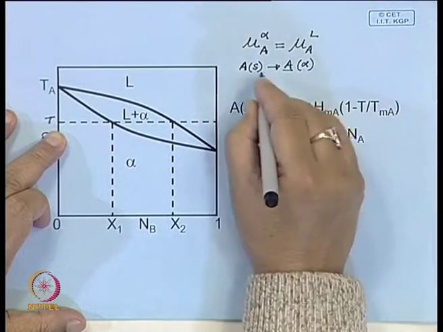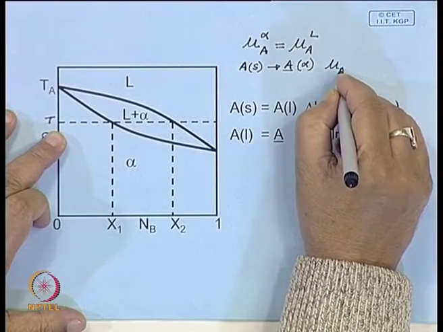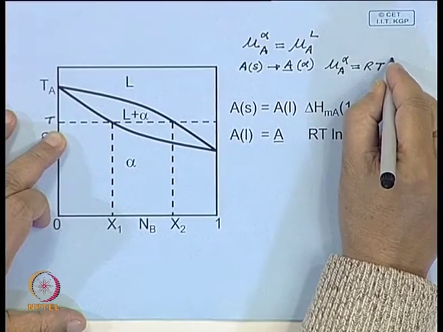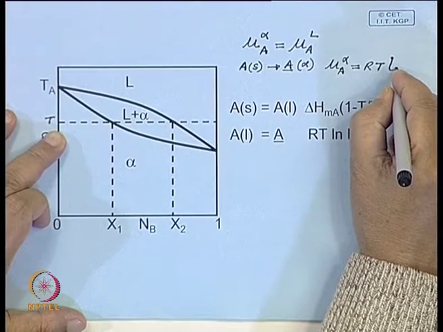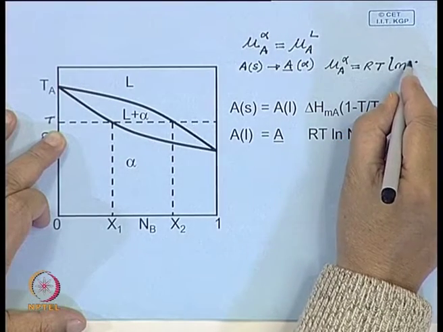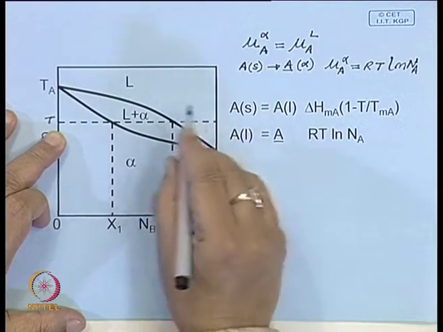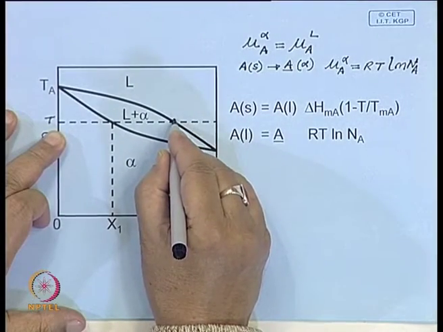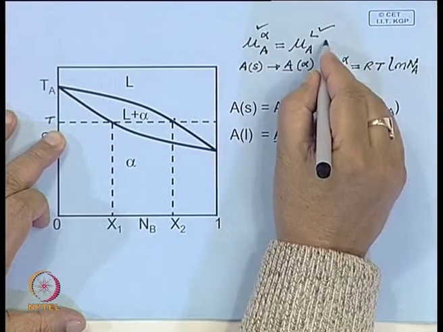So here you can easily say that the chemical potential of A in alpha equals the free energy of mixing, or partial molal free energy of A in alpha, RT ln activity, or mole fraction of A. Now, how do you estimate the same thing for the liquid? This one is easy, but how do you get the other?